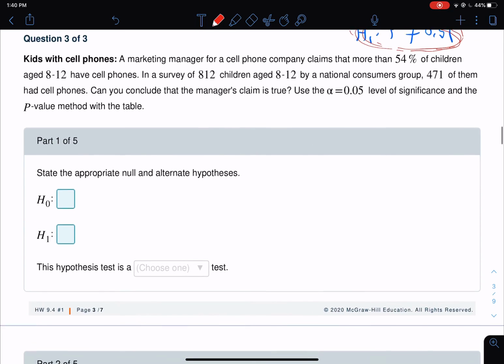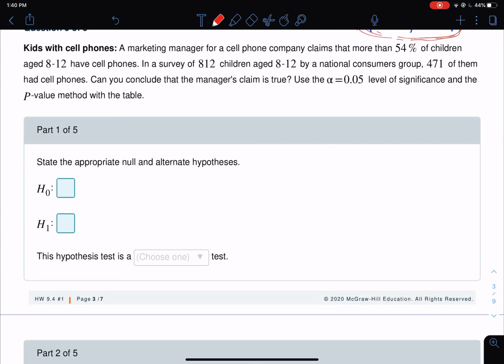Let's take a look at the last question, and this last question is going to be doing this except using p-values. Now, p-values, when you have z-tables involved, are not that bad. P-values, when you're using the t-distribution, are a pain because the p-values are squeezed between a lower and upper bound.